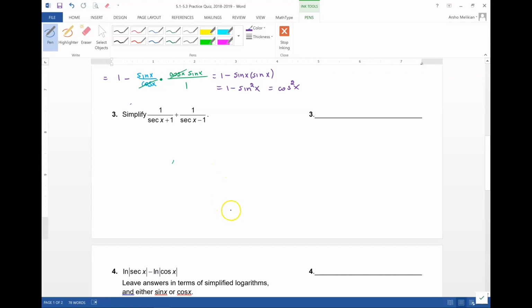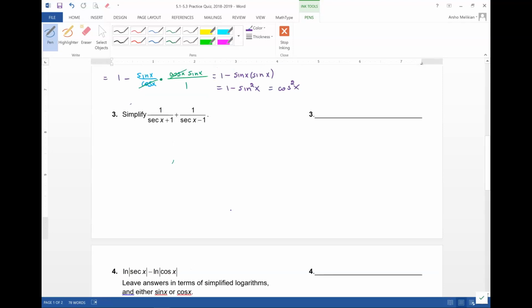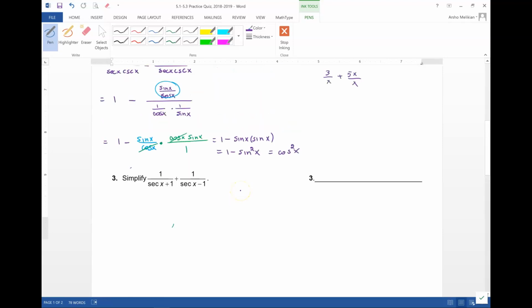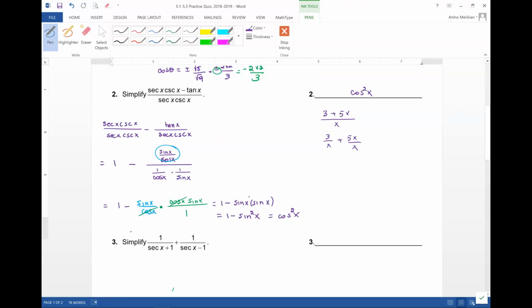Yes. So what's stopping you from canceling the secants and cosecants out and just having the unit term of that? In the last one, why can't you just cross them out? Oh, from here? Yeah. You can't because, okay, so if you have 3 plus 5x over x, can you cancel out the x's? You can't because it's the 5x added to something else.